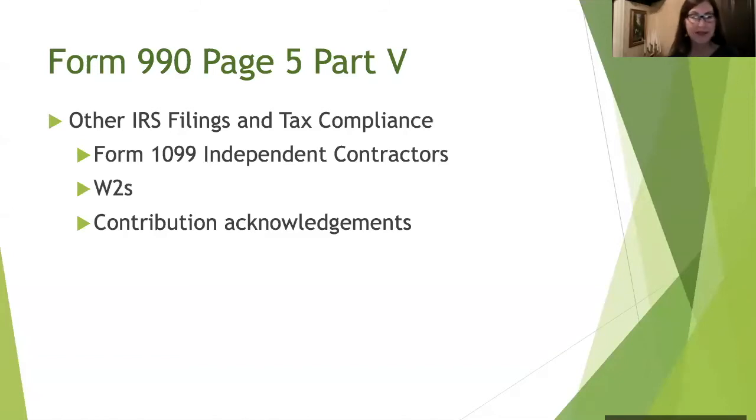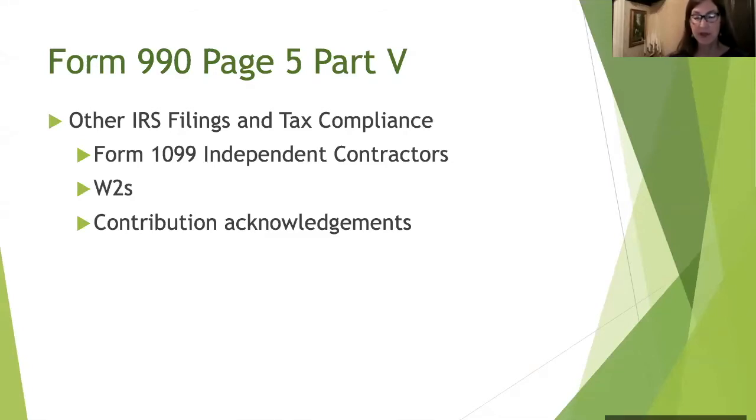So Arlene, this is when you go to page 5, which is part 5 in the Form 990. It asks you about what your other IRS filings are. This is where it will ask you, did you issue any 1099s to independent contractors? And if so, how many?